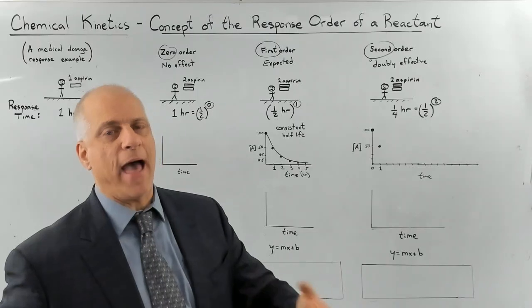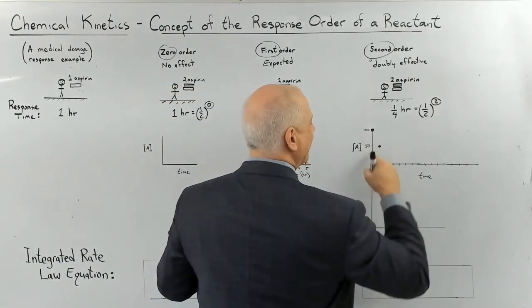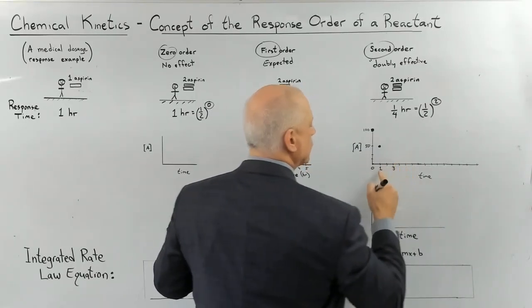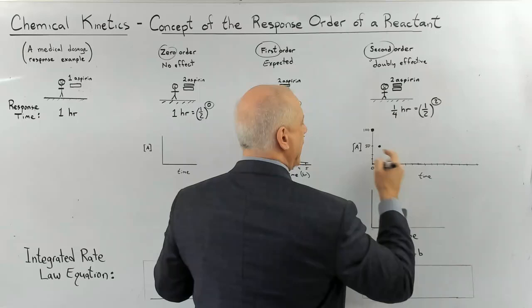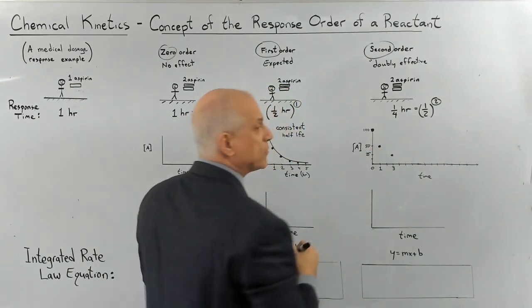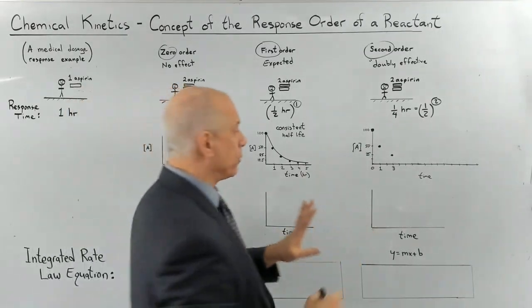The consecutive half-lives double. So if the first half-life is 1 hour, the next half-life would be 2 hours, and it would take 2 hours to get to the next half, the 25%. And then we had 1 hour, then 2 hours, then 4 hours, right?